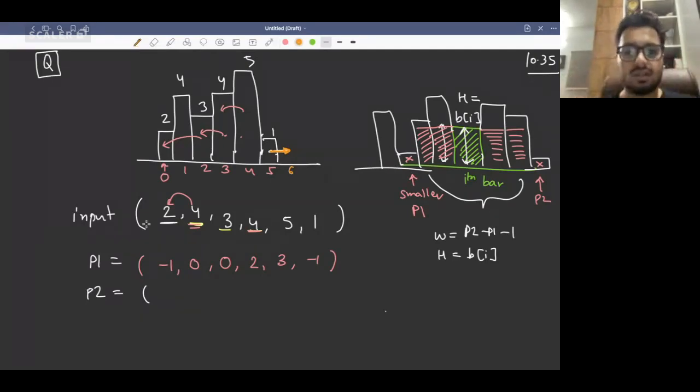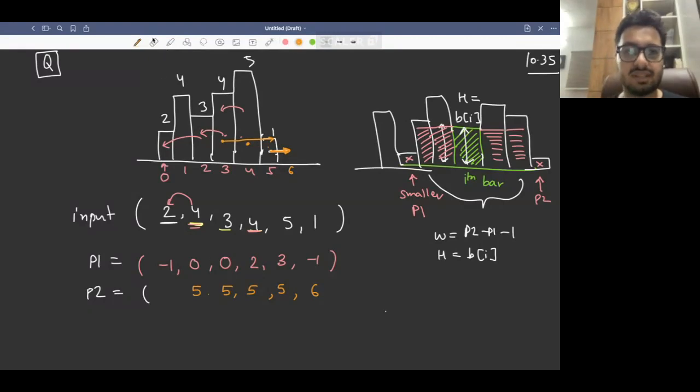So I'll put a 6 here. Okay, at what index do I see something less than 5? That index is 5. At what index do I see something less than 4? That index is again 5.